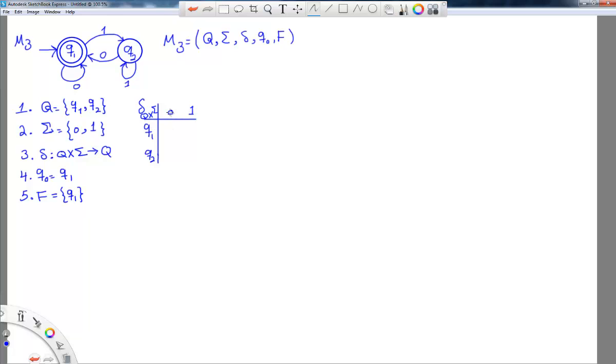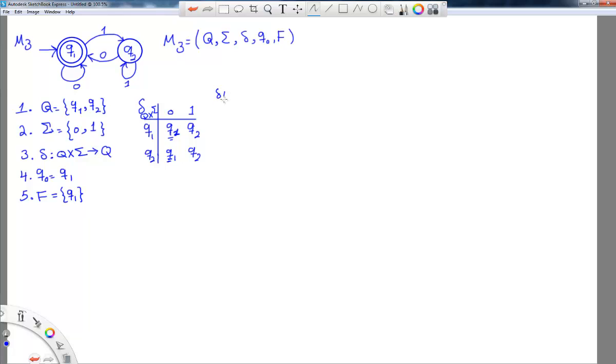Being in Q sub 1 with a 0, we stay in Q sub 1. Being in Q sub 1, seeing a 1, we go to Q sub 2. If we are in Q sub 2 and we see a 0, we go to Q sub 1. And if we are in Q sub 2 and we see a 1, we stay in Q sub 2. Now this time, the accept state is Q sub 1.